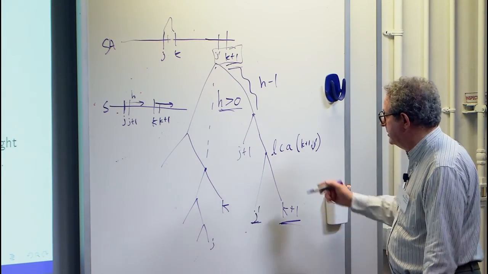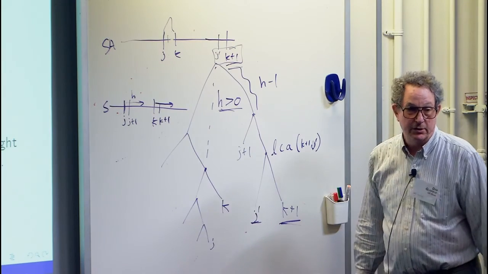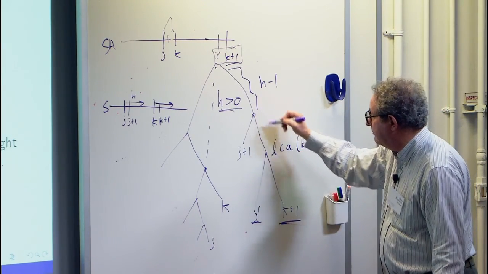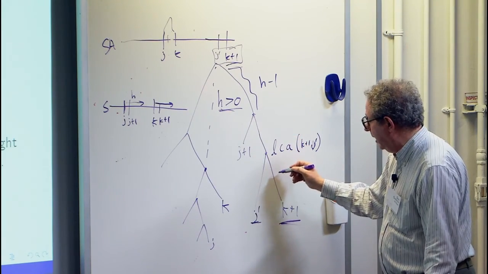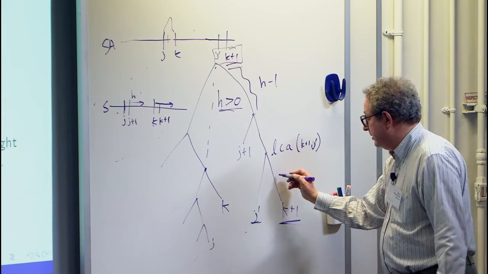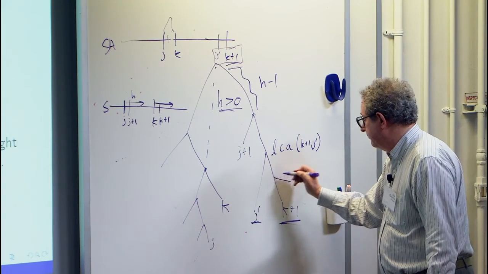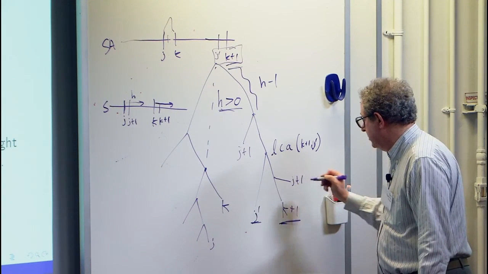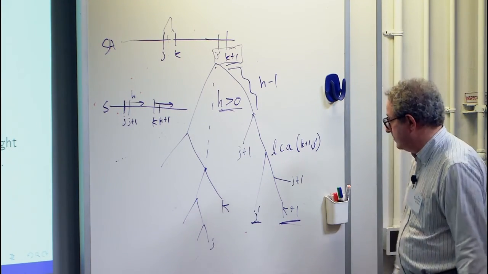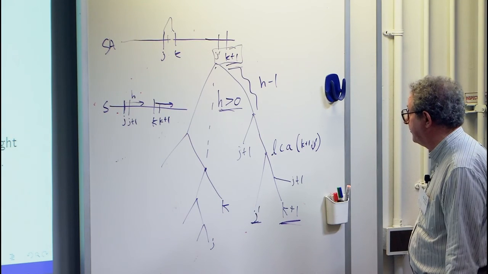So where is J plus 1 in this picture? I claim it's above here, not down in here, okay? What would happen if J plus 1 was in here, okay? What would happen if J plus 1 was in there?